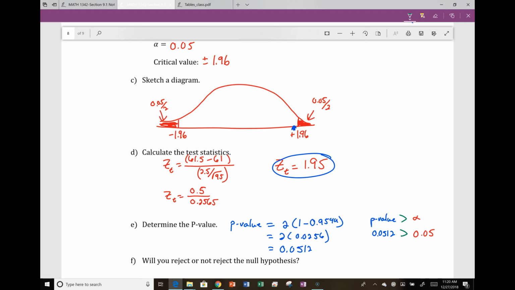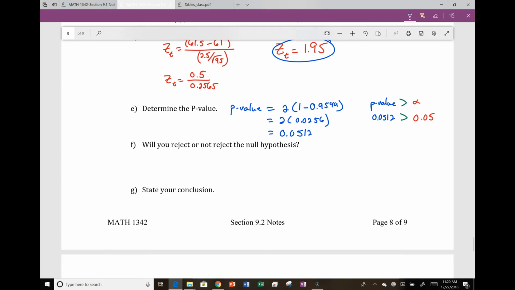It's not in the shaded region, so do not reject the null hypothesis.